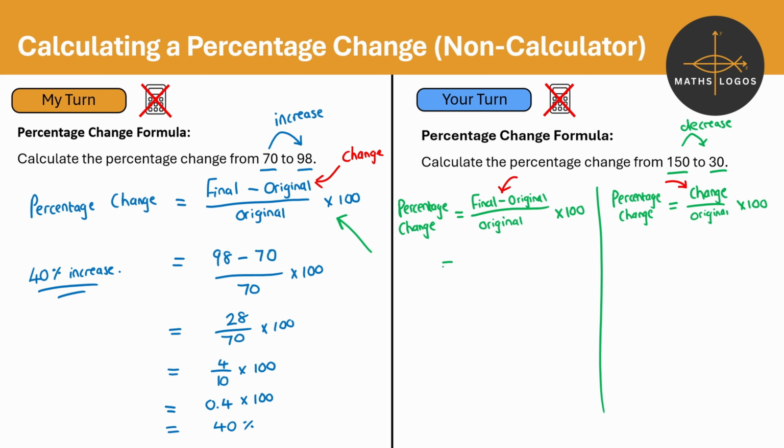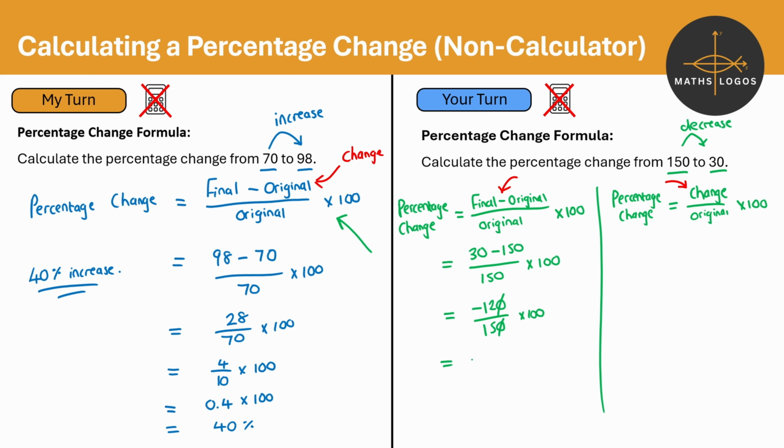Let's use this formula to start with. So the final value was 30, the original was the 150, and that's what's also going to be on my denominator like this. If I do 30 subtract 150, that gives me negative 120 over 150 multiplied by 100. Then I go ahead and simplify that fraction, so I could divide through by 10 to start, then divide both of those by 3.